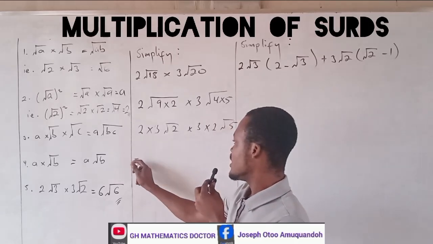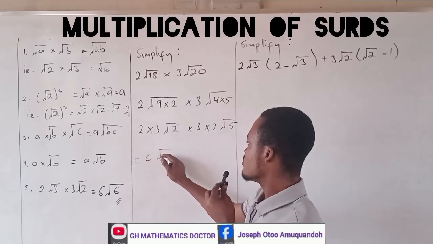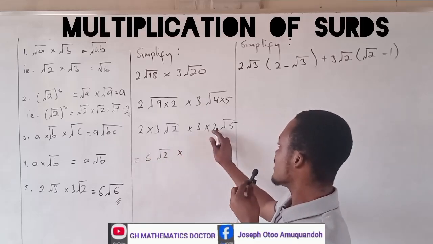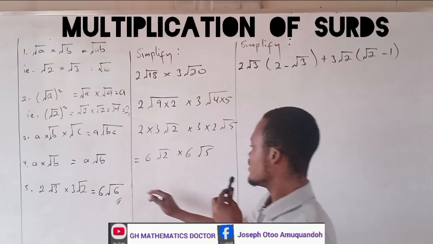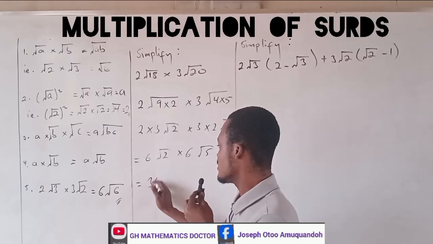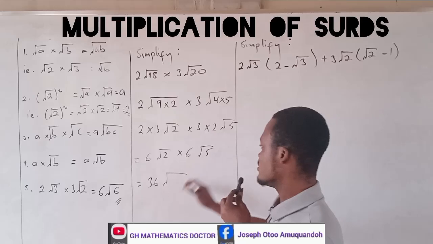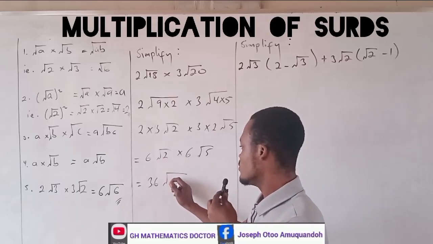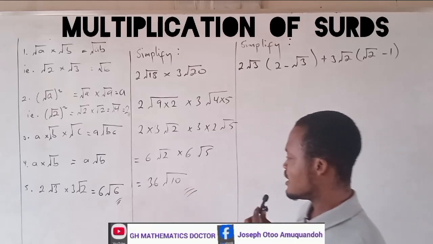So you can see from here 2 times 3 will give you 6, root 2. Then 3 times 2 will give you 6, root 5. Then you multiply the coefficients, that will give you 36. Then you multiply what you have in the square root, 2 times 5, that will give you root 10. And this will be the simplified expression.